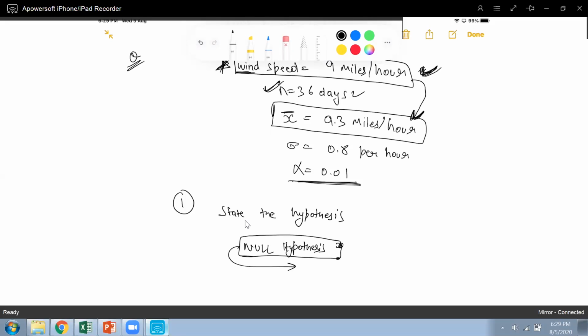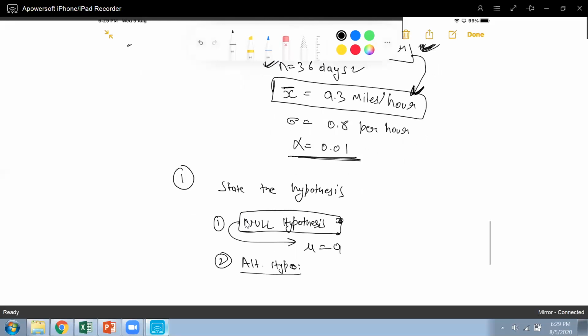It's mu equal to 9. So this is my null hypothesis, and the alternate hypothesis will be mu does not equal 9.